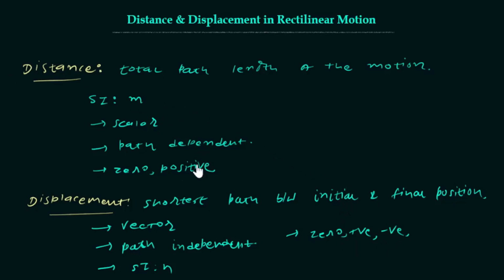So let us understand this point: path dependent and path independent. Consider this is the x axis, this is the y axis. The initial position is this one, and the final position is this one. If the particle travels from here to here, this is r1, this is r2. This particular path represents distance.